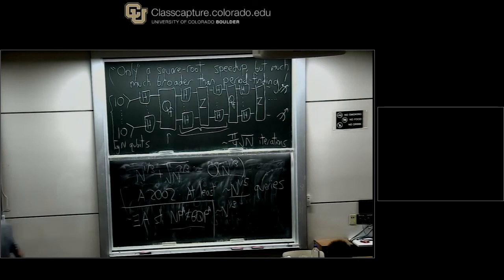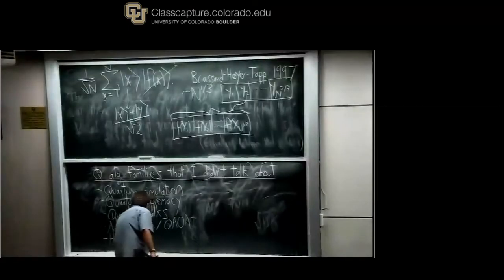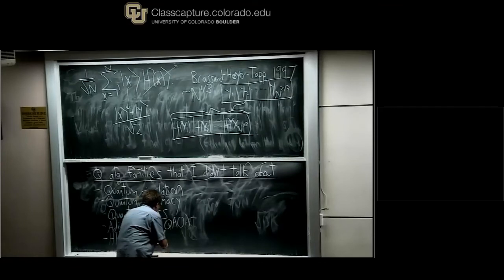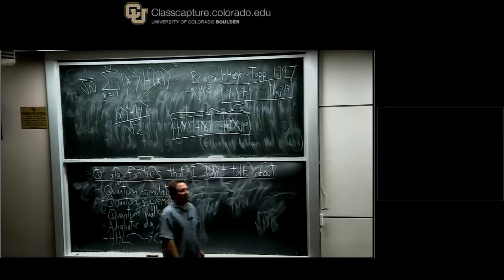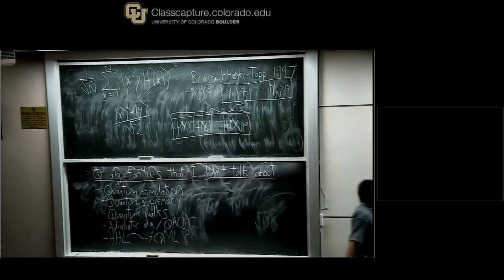Okay, and HHL started a gold rush of attempts, let's say, to find quantum algorithms for machine learning problems. Okay, and this has become a whole field in itself, of quantum machine learning.